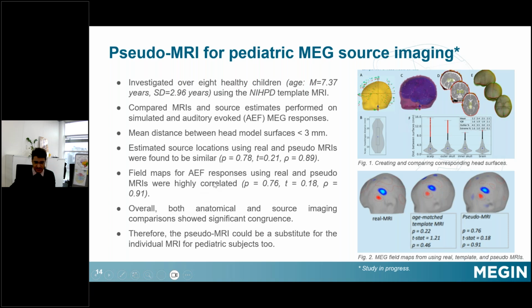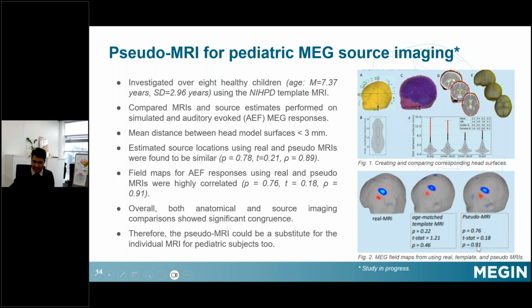We also used real MEG data, the AEF response, auditory evoked response, here. It was right-handed, and now you can see the correlation or the similarity here. With real MRI to pseudo-MRI, the correlation was 0.76.